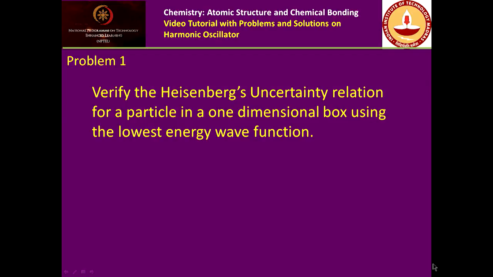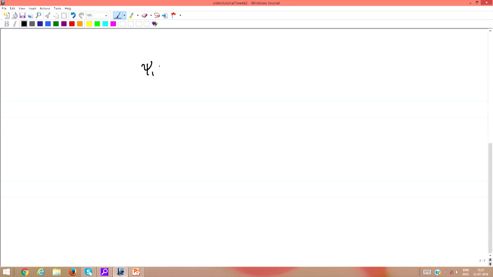We will find out that the lowest energy wave function itself, psi 1 of x, which is root 2 by L sin pi x by L, will give you the result for the uncertainty in the measurement of position and the uncertainty in the measurement of momentum, the product of which would be greater than h bar by 2.